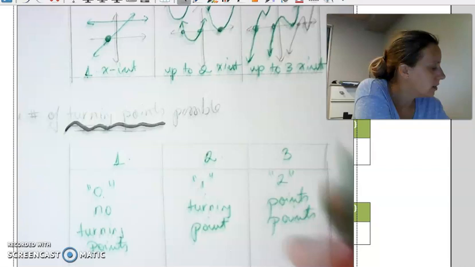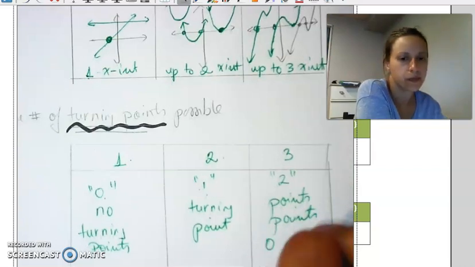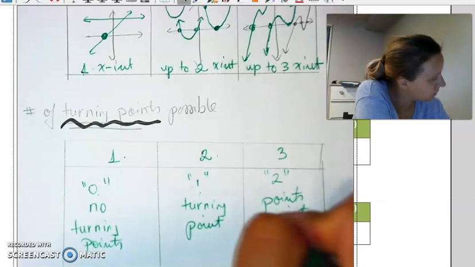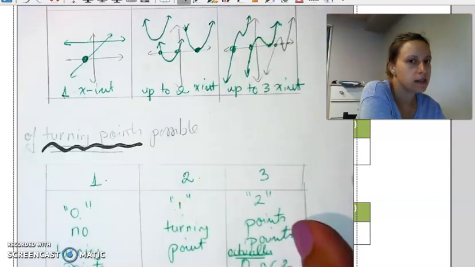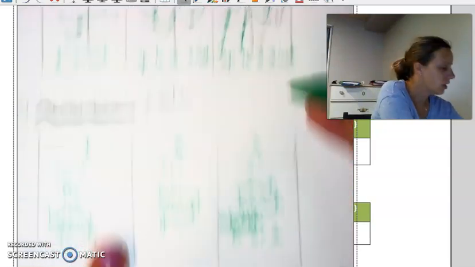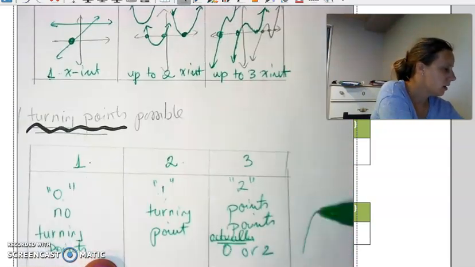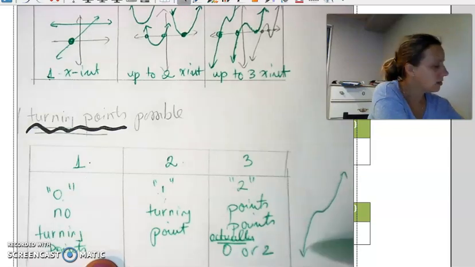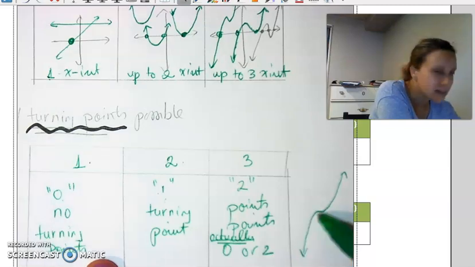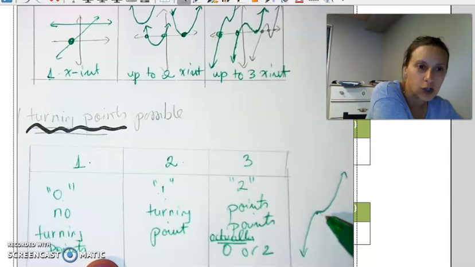But it's actually 0 or 2. Either I have a cubic function that looks like that, and even though it has some sort of a change here, it's not really a change in direction. It doesn't come down enough to be going downwards or decreasing.